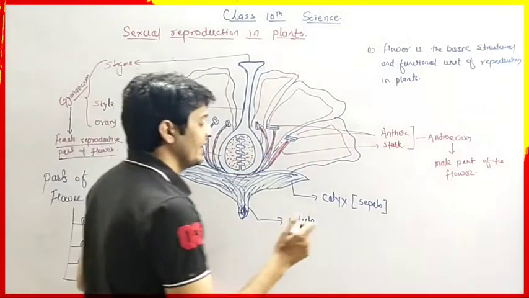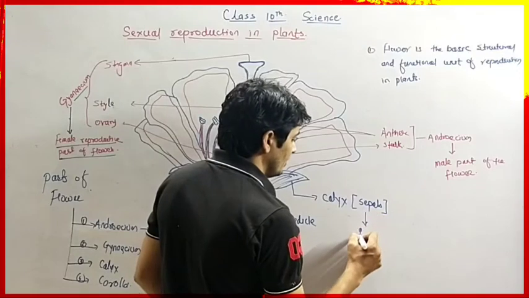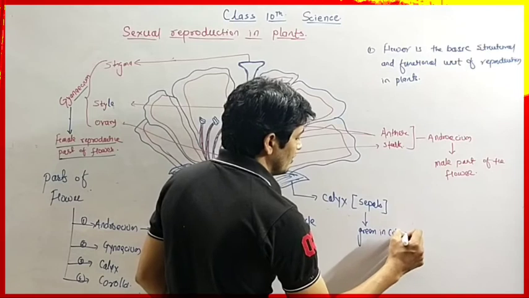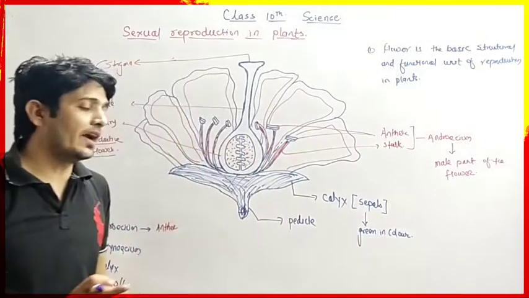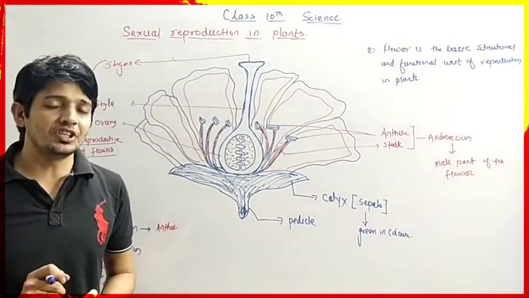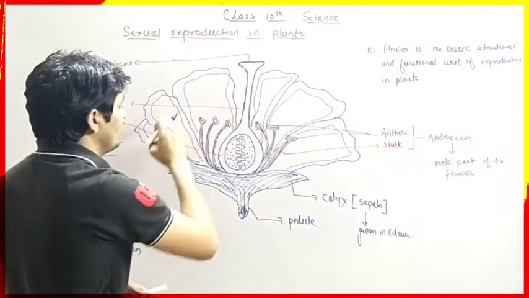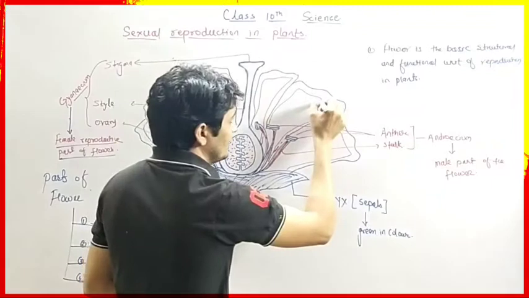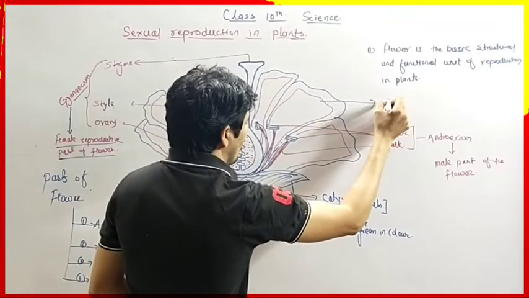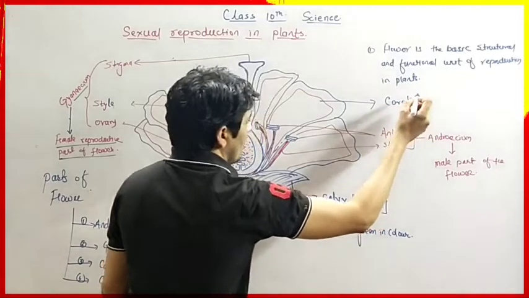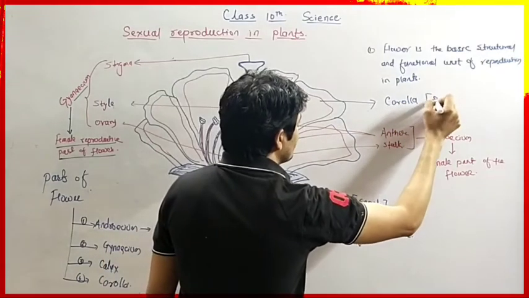Generally, they are green in color. If required, they also perform photosynthesis. And these 1, 2, 3 are nothing but the petals. These are petals, or called corolla. Corolla are also called petals.